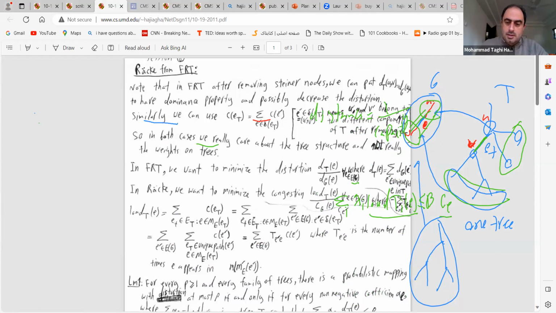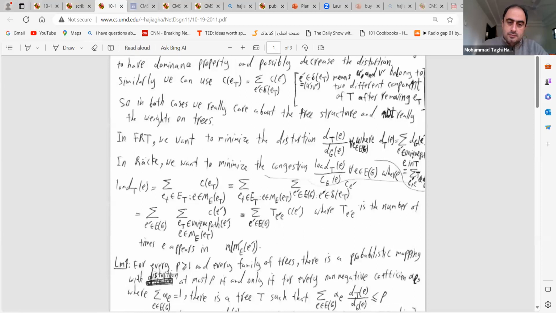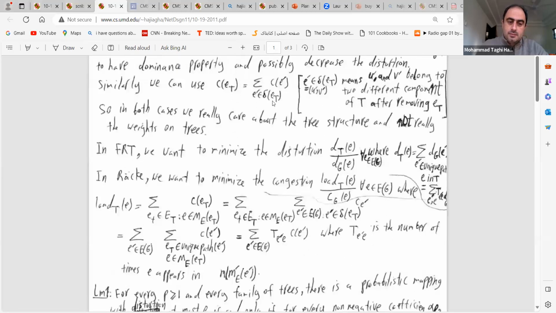So this load that I have mentioned, you can actually have a simpler formula for that. So you can write the load T of E, this is the formula that we mentioned.